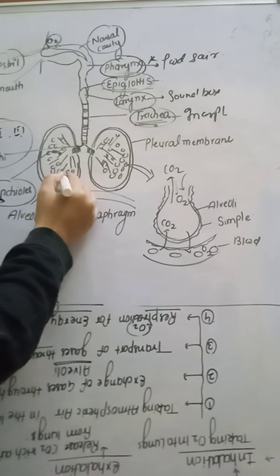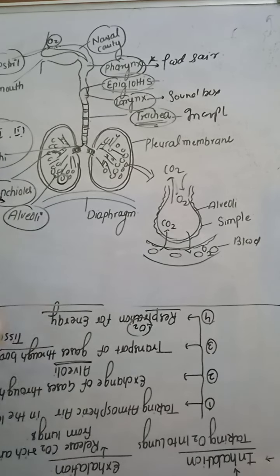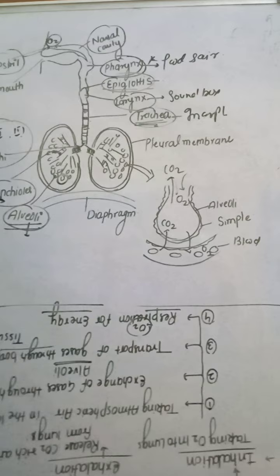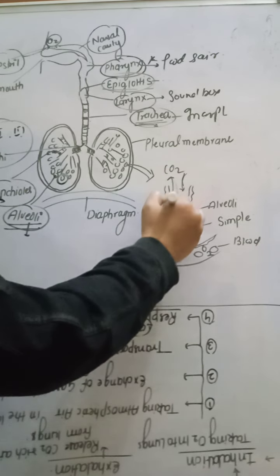The terminal bronchiole contains alveoli. Alveoli are the structural and functional units of the lungs which play a role in the exchange of gases. Why? Because the epithelial layer of the alveoli is simple squamous, very thin, moist, and rich in blood vessel supply. So oxygen and CO2 easily diffuse across the alveoli and reach the blood. That is the exchange of gases.